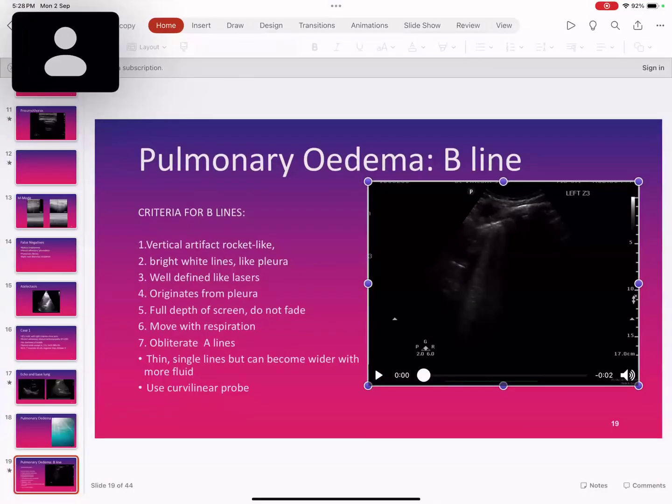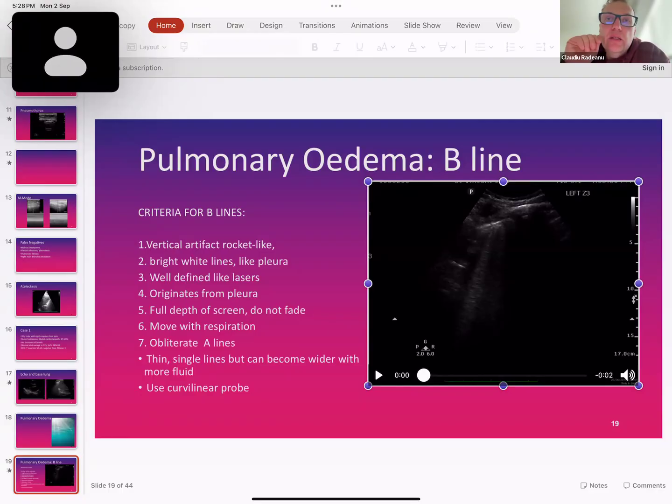For the type of probe, are we only using the curvilinear when we want to diagnose pulmonary edema, or can we use other probes for this? Yeah. And the criteria. To see the B lines, you will need a curvilinear probe, because with a flat probe, you're not going to be able to see it properly.